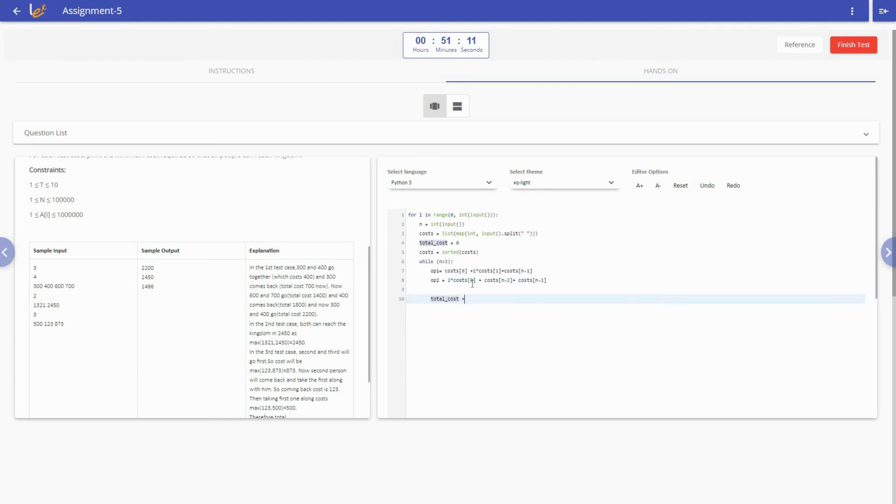The total cost plus equal to min of OP1 and OP2, and we'll be decreasing our value of n by 2.